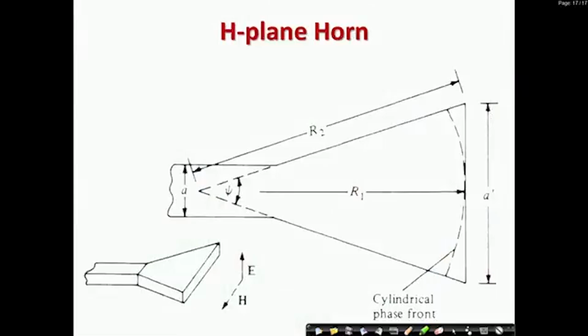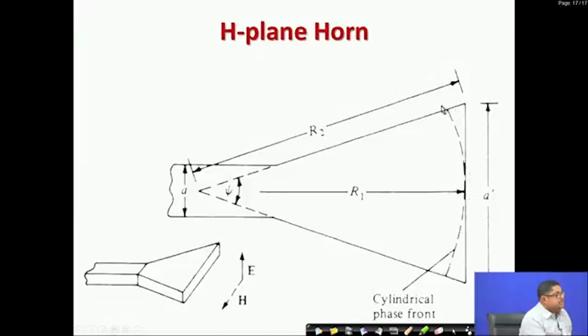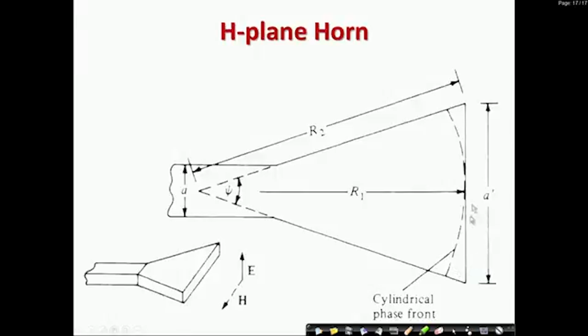Typically for H plane horns, that restriction is that the phase error should not exceed plus minus pi by 4 at the sides of the aperture. That means the phase error from this point to this point should not exceed pi by 4. Similarly, here also it should not exceed pi by 4. So, that is the restriction.